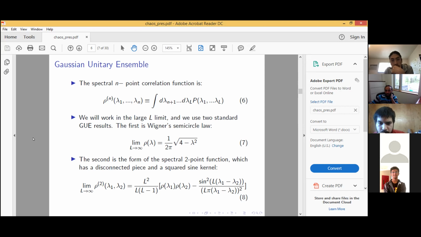Okay. So we pick any of the L eigenvalues and its probability density. One thing you can do is, if L is very large, the number of eigenvalues is very large. So if you take one instance of the matrix, you can get a distribution of eigenvalues of that instance. What do you mean by that?